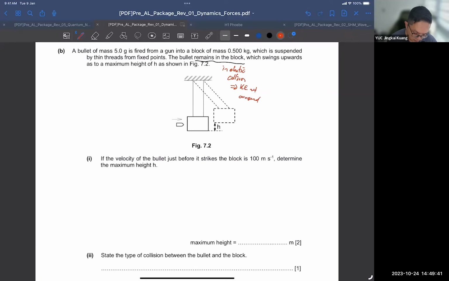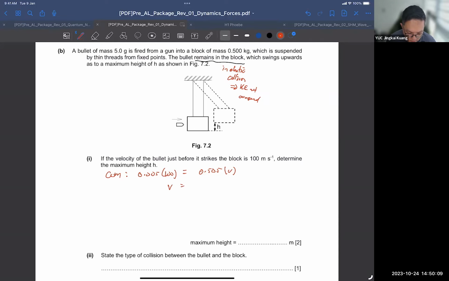So conservation of momentum tells me that 0.005 times velocity 100 is equal to the final momentum, which is total mass 0.505, mass of bullet and the block, times V. So find V first.